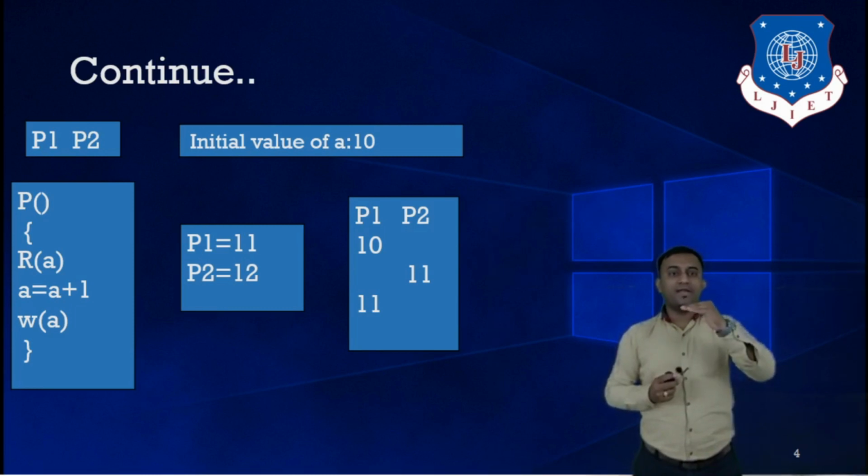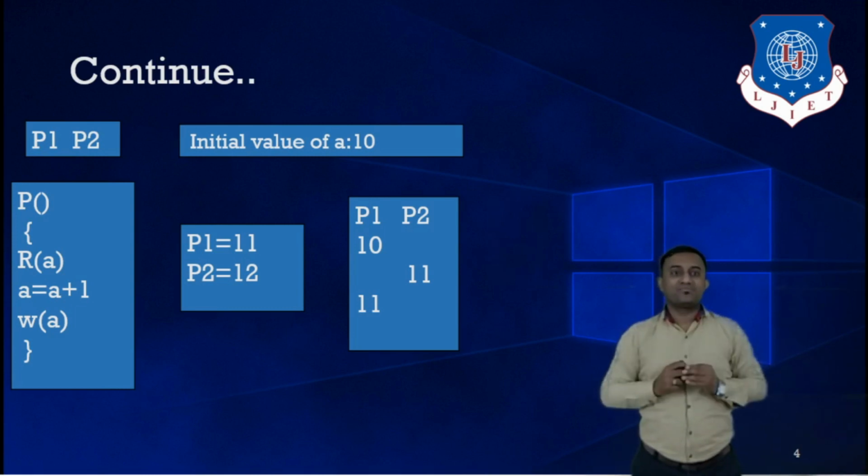Once P1 executes this read of A successfully, at this point it will context switch to the P2 process. P1 suspends its execution for a while and gives P2 the chance to execute.